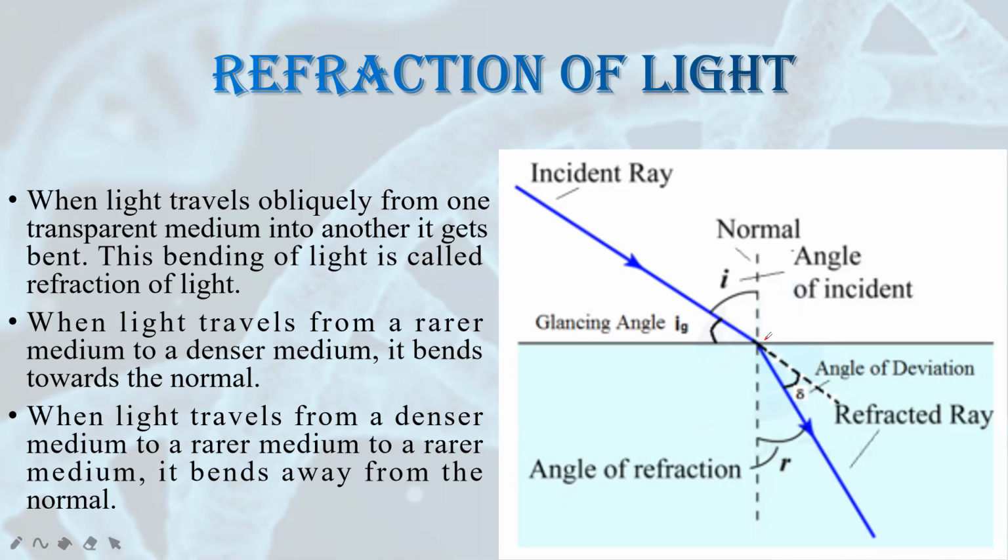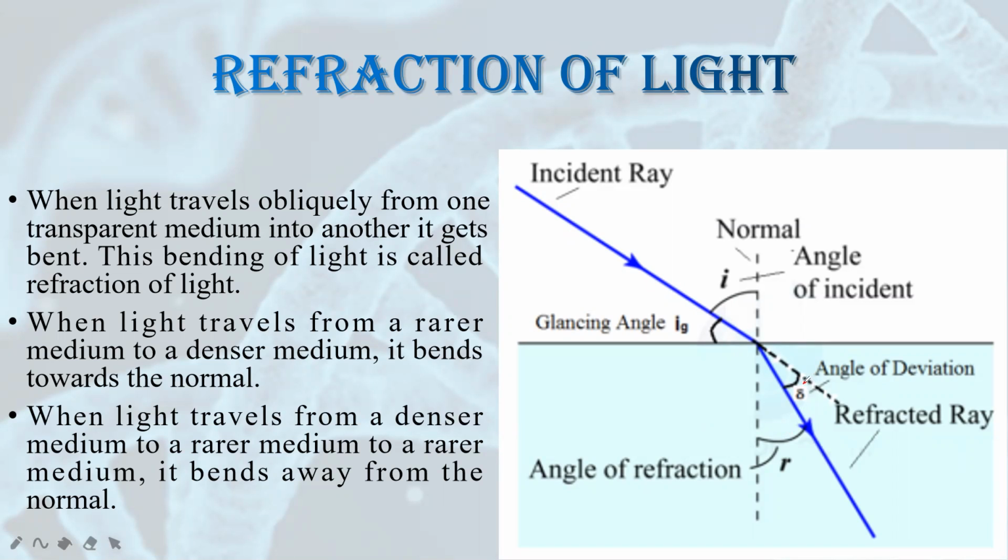Now this bending can also be of two types. Either the light can bend towards the normal or it can bend away from the normal. Suppose this incident ray and this refracted ray are interchanged. So the refracted ray becomes the incident ray and this becomes the refracted ray. You can see that this has moved away from the normal. Now if this is the incident ray and this is the refracted ray, you can see that the ray of light has moved towards the normal.